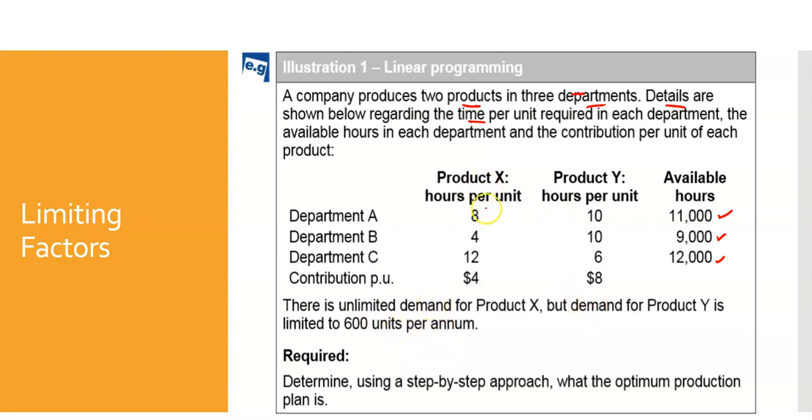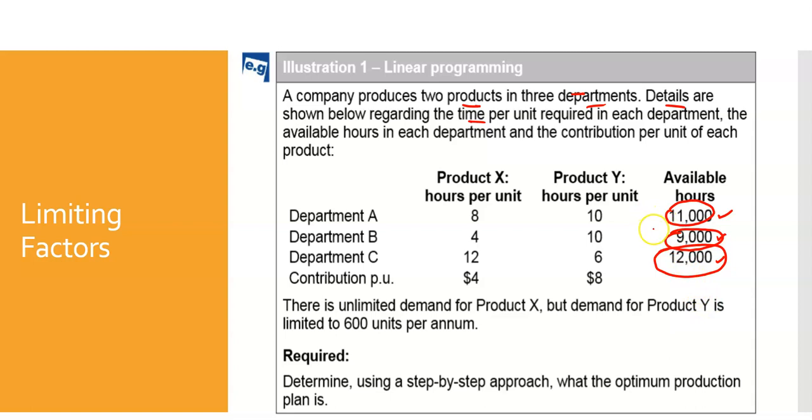Now, here's the issue. In department A they only have this number of hours available, and here they only have this number of hours available, and here they only have this number of hours available.